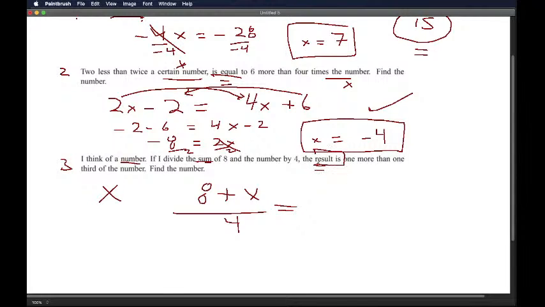The result is, that's our equal. 1 more, so plus 1, right? 1 more than 1/3 of the number. So 1 more than 1/3 of a number. Very good, Ollie.